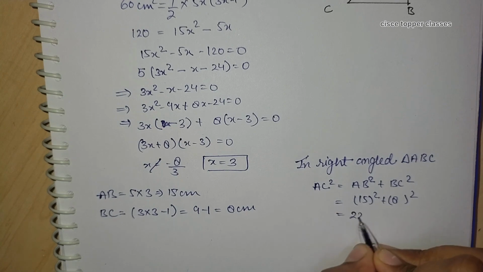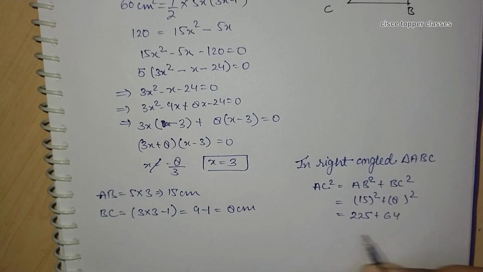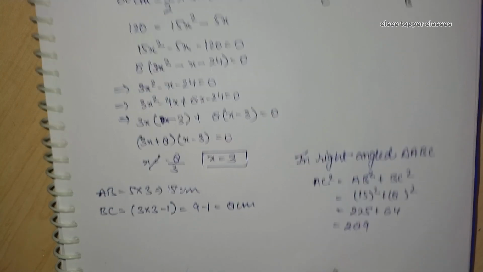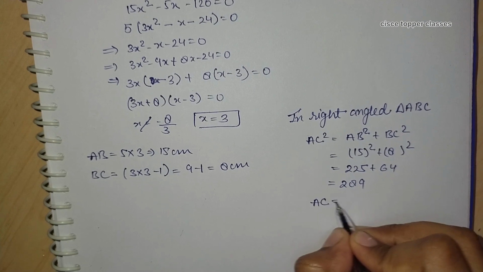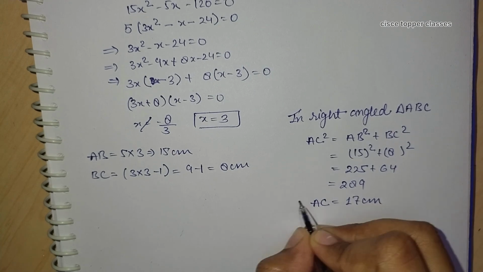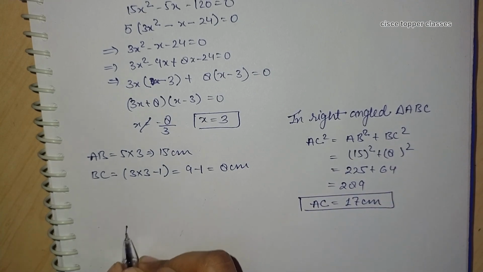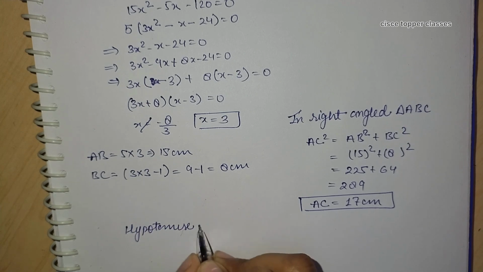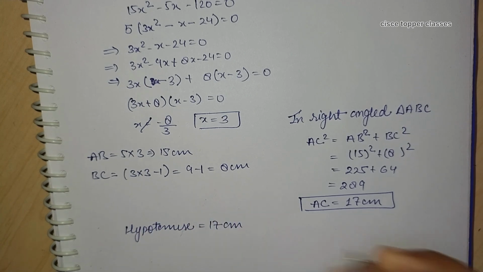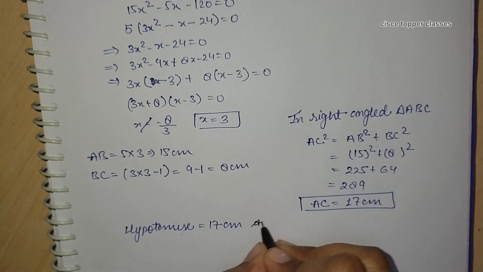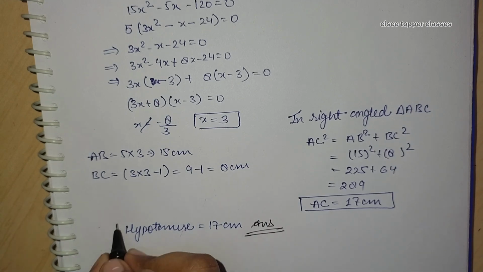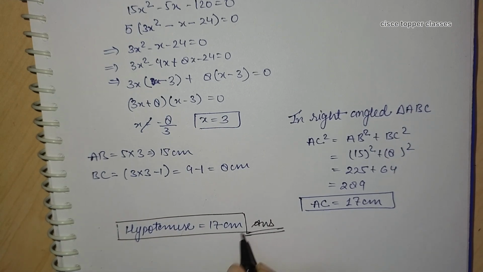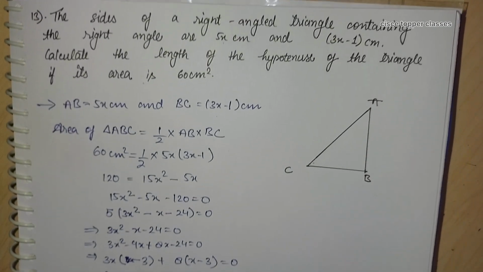So this will be 225 plus 64 equal to 289. We'll take the square root. On taking square root, AC is equal to 17 centimeter. Means the hypotenuse of this right angle triangle which we have to find is 17 centimeter. So this is the final answer of the 13th question, and this is the solution of the 13th question here.